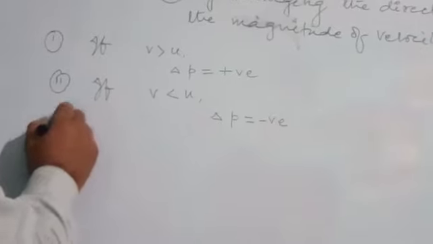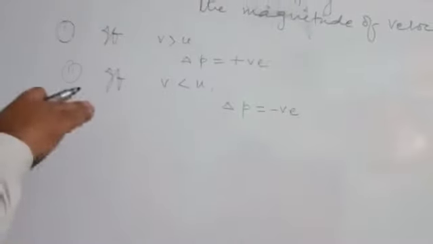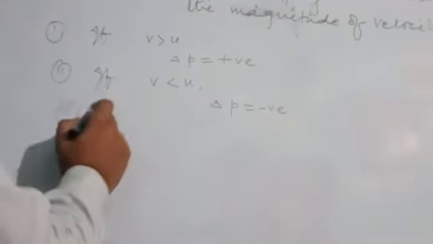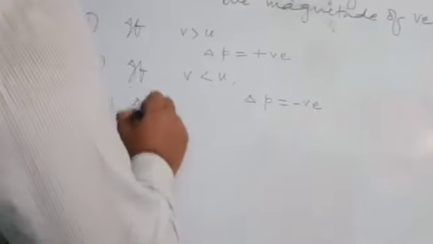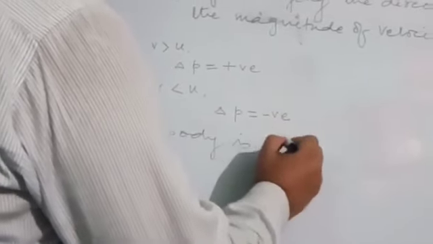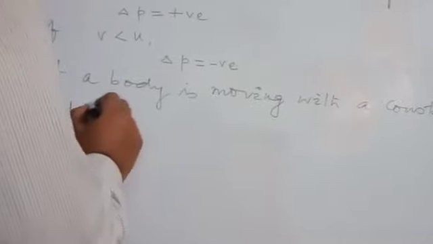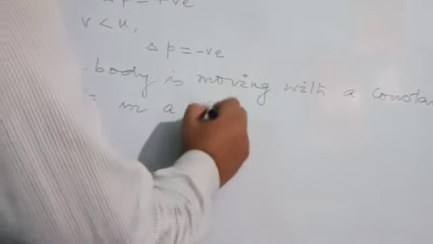And the third one: if the object is moving with a constant velocity in a straight line, then there is no change in its momentum.